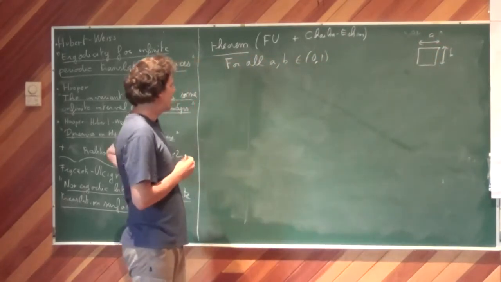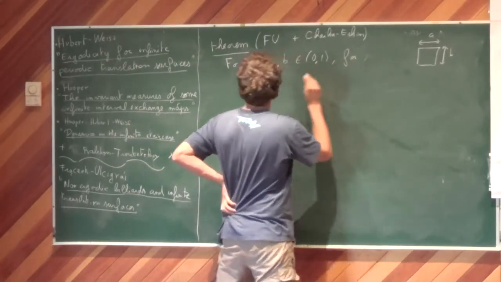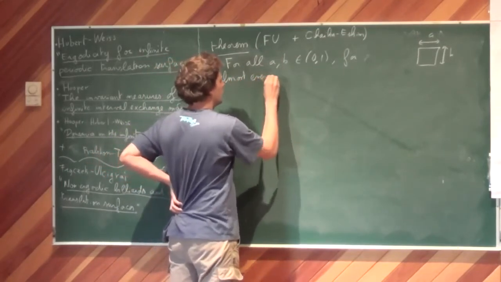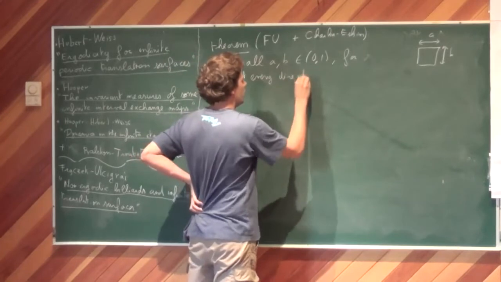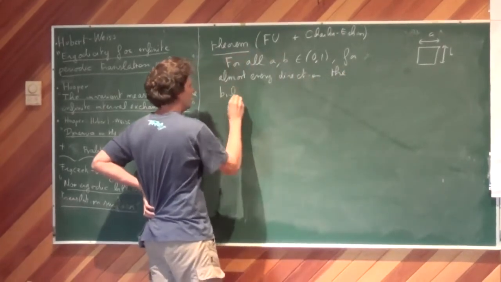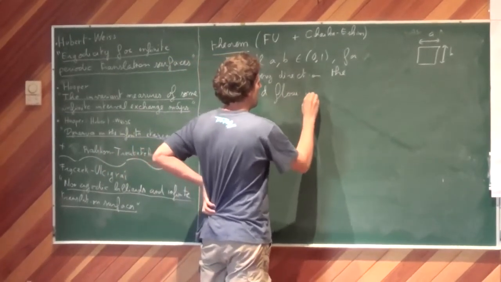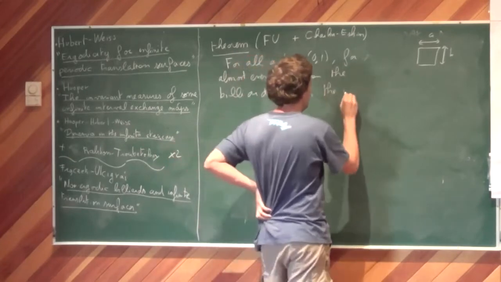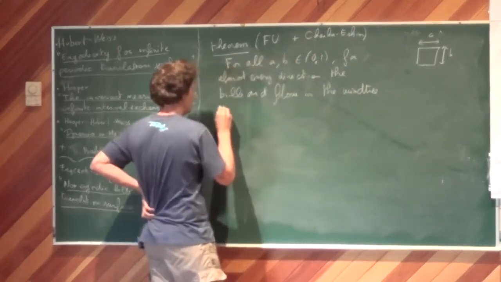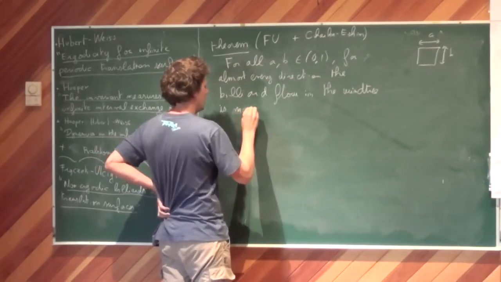And so for all parameters, for almost every direction, the billiard flow in the wind-tree model is not ergodic.